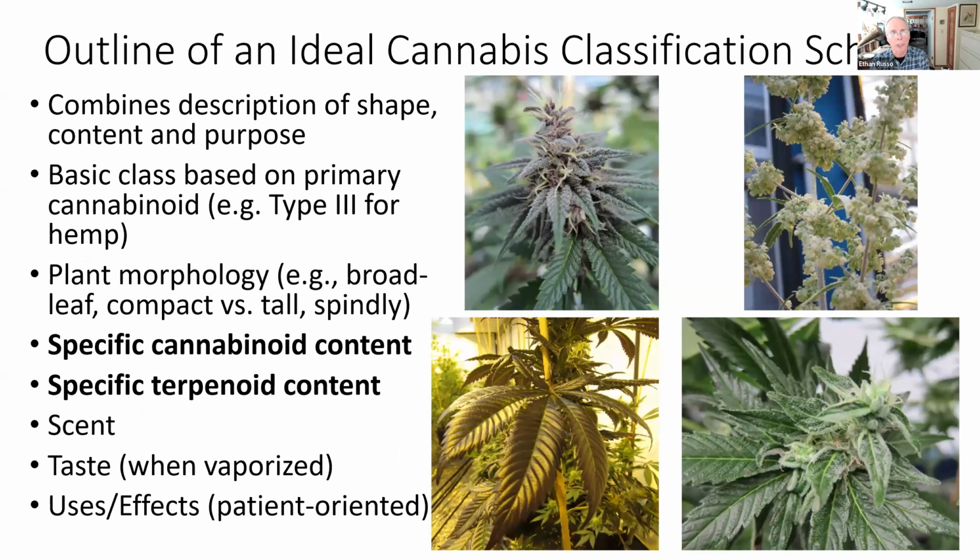Now let's shift gears again, talking about different classifications of cannabis. It'd be good to have a description of its shape, content, and purpose. Basic classes based on the primary cannabinoid: that would be type 1 for THC predominant, type 2 for THC CBD, type 3 would be typical hemp, CBD predominant.